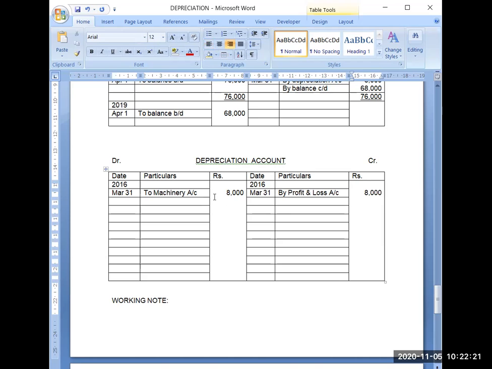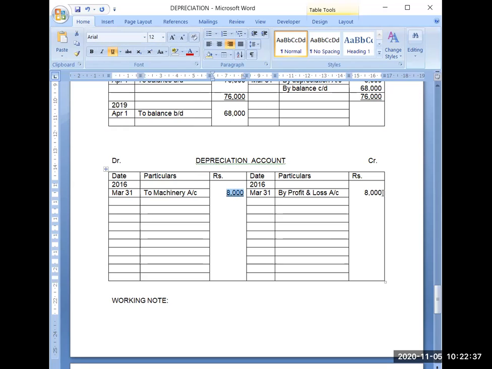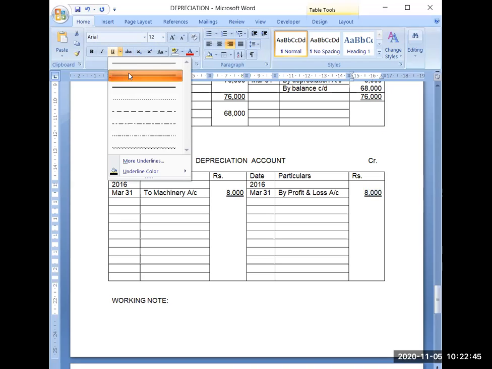Now, you can see the total of debit side and credit side is equal, and there will be only two entries. So there is no need to calculate the balance. What I will do here, I will just double underline it. And I don't need any totaling also. That will be sufficient.